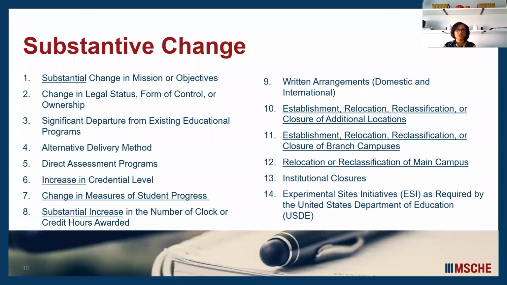Number three is a significant departure from existing educational programs. That now includes the subtype Introduction to Graduate Programs. So for institutions that currently offer undergraduate programs and would like to add programs at the graduate level, this change will now fit under number three.